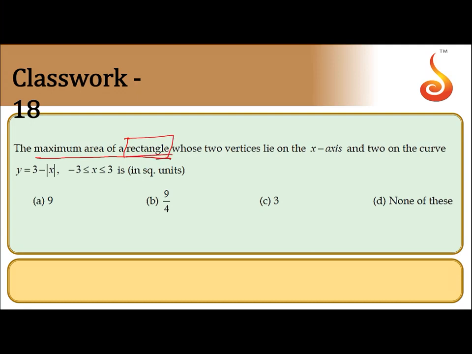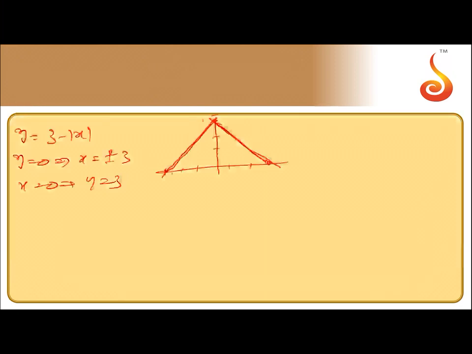You are required to construct a rectangle whose two vertices lie on the x-axis and two on the curve. That means you have to construct a rectangle like this. Let me assume that this is 0 and this length is equal to x.